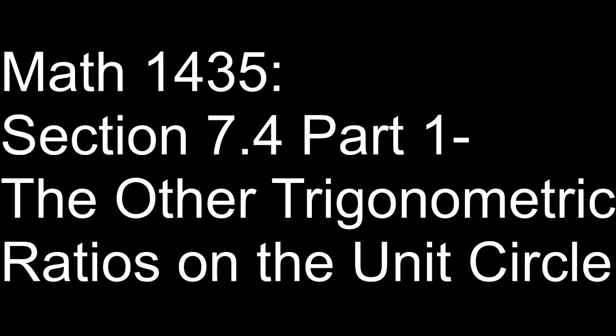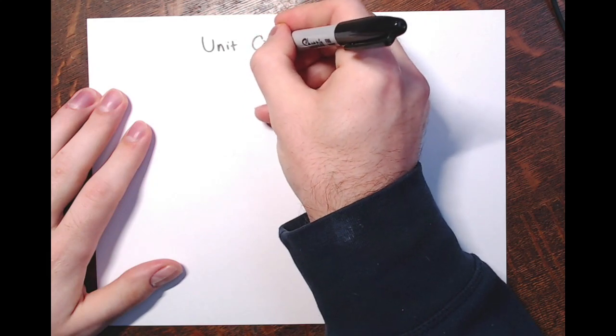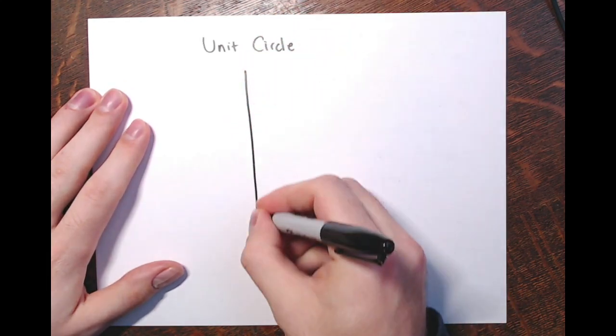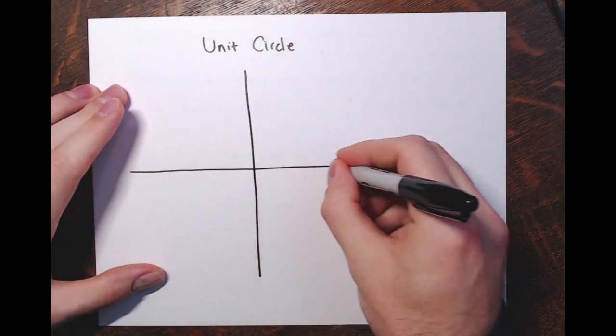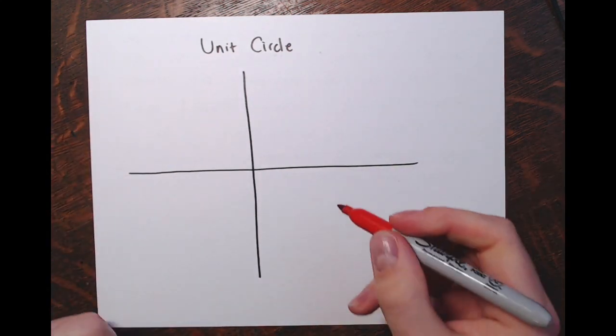So first, before I get into the assignment, I just want to refresh your memory as to what the unit circle looks like and how we're going to use it. I'm just going to make a quick rough drawing here. Remember, the unit circle is just a circle with a radius of 1 centered at the origin.